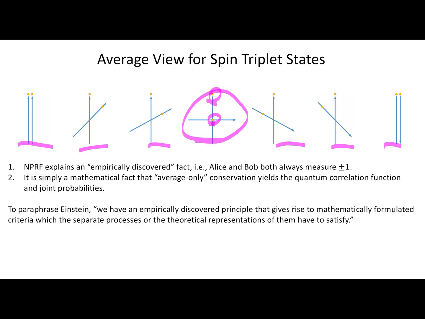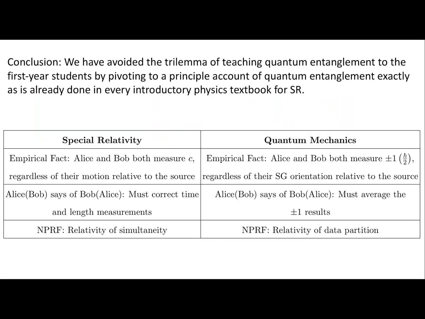But what's he going to get? He gets that on average. He violates that in a maximal fashion on a trial-by-trial basis, because he either gets +1 or -1. That's as far away as you can possibly get from 0, and they just average to 0. So this kind of average-only conservation is very, very odd. Nothing like we see in classical physics.